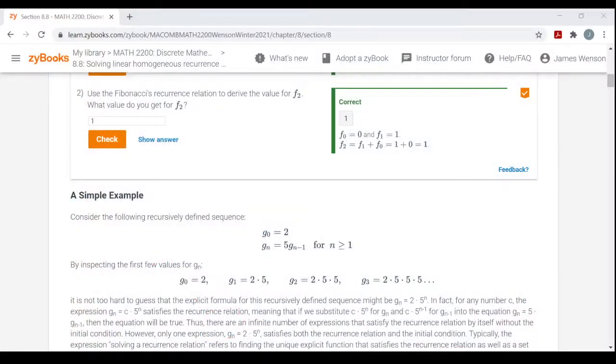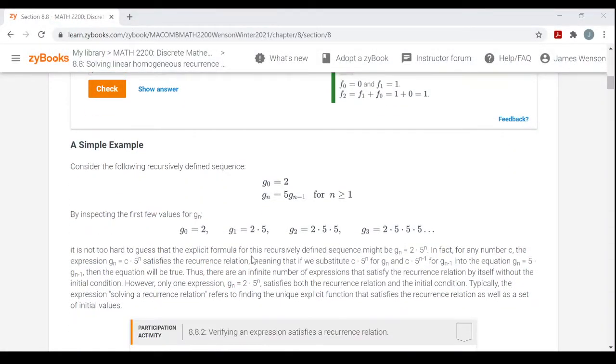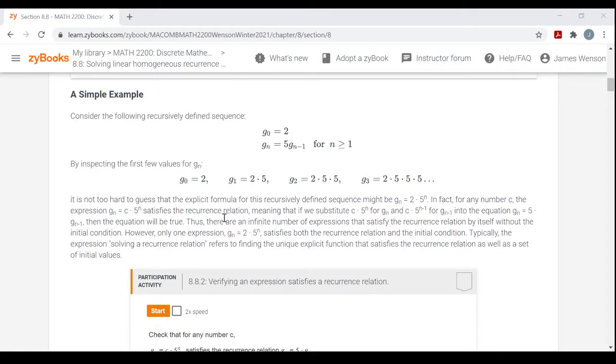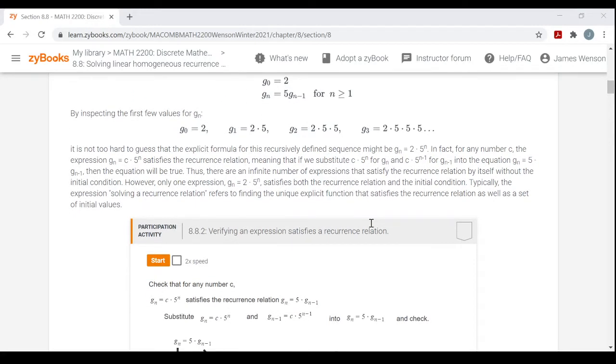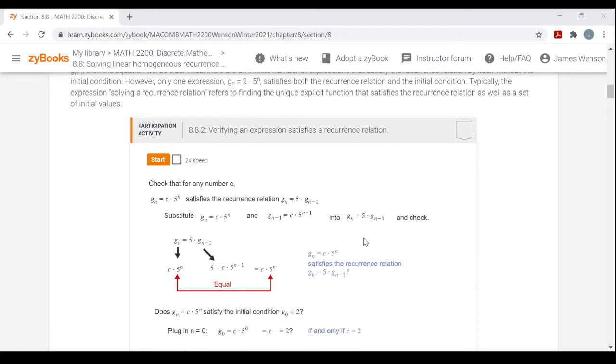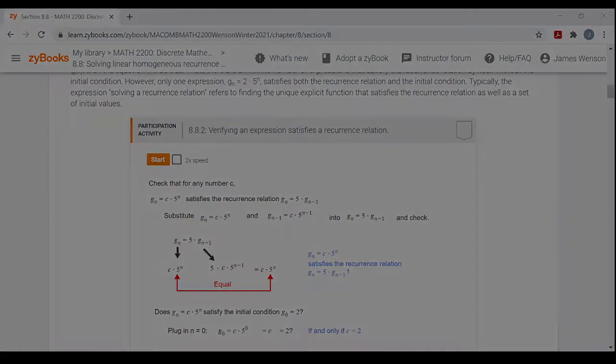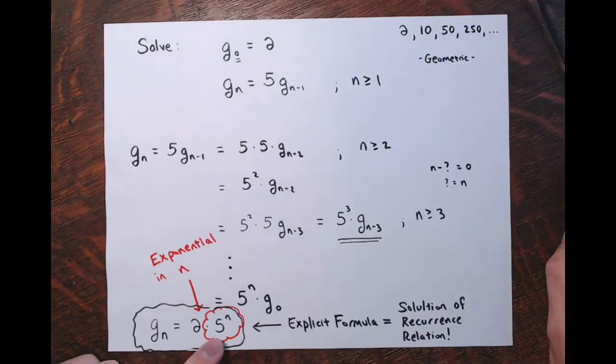Okay. All right, so they go through kind of the same thing. Again, it wouldn't be hard to guess that the explicit formula is g sub n equals 2 times 5 to the n. Then I think they go through and check that for any number c, it would work, not just 2. Like I said, the most important part of this is the 5 to the n.